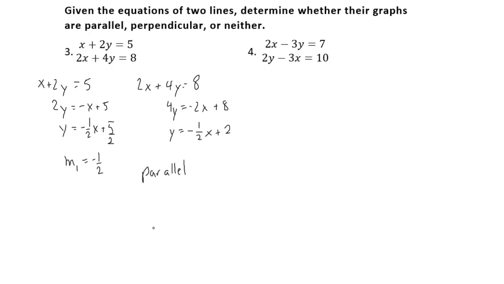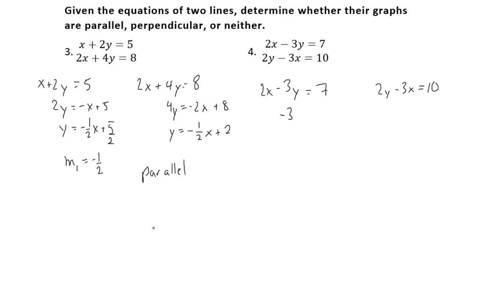All right, looking at our last example, take and write the 2x minus 3y equals 7, and 2y minus 3x equals 10.